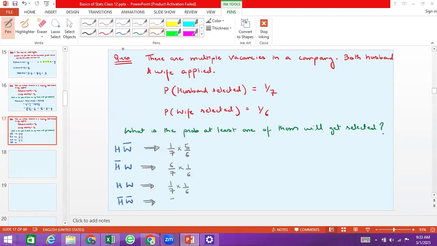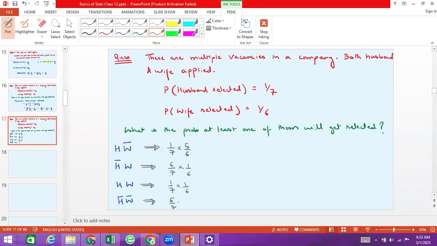6 by 7 multiplied by 5 by 6. And these are all my favorable outcomes. Out of this, this is my favorable outcome, this is my favorable outcome, this is my favorable outcome. So I will add all of these.